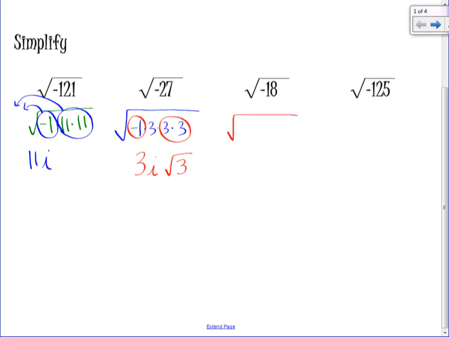Okay, what about this one? -1 and then what? 2, 3, 3. We can take an i out and we can take a 3 out. So we've got 3i here, and then root what? 2 is still left over.